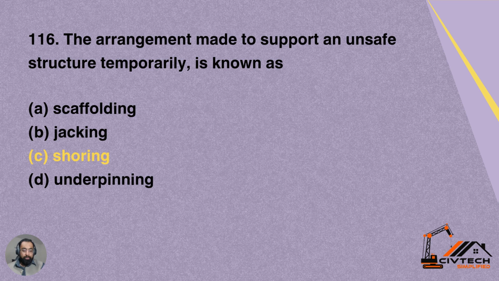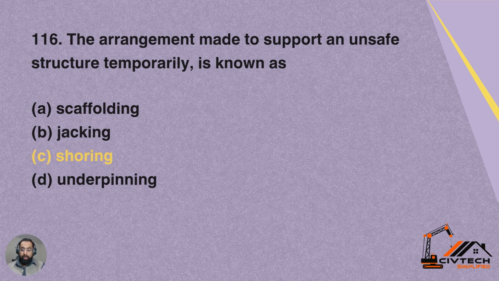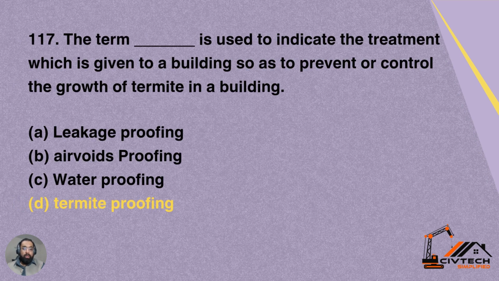Underpinning is the support for the existing structure, and shoring is the correct option for this question. Jacking is just to lift the slab or the structure upward and to hold it. And shoring is the arrangement made to support an unsafe structure on temporary basis. So option C is correct for this question.